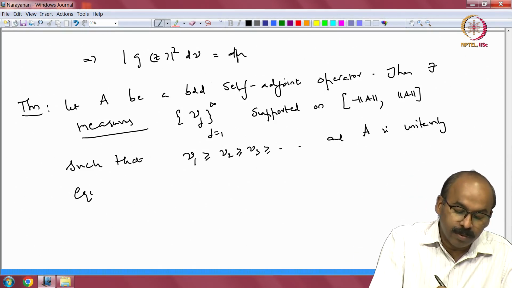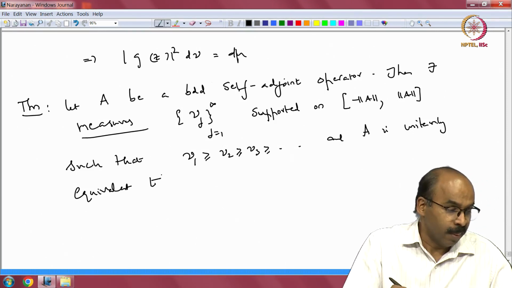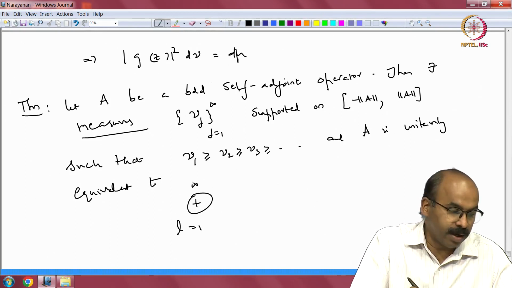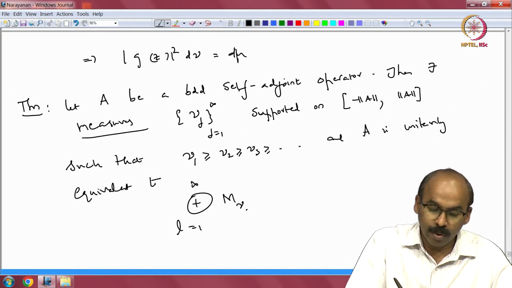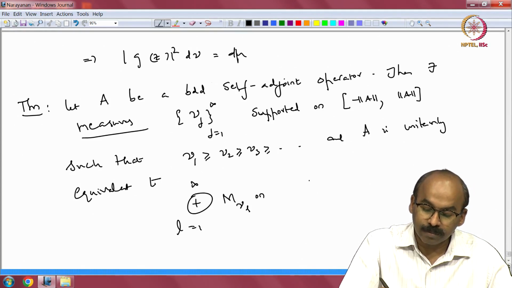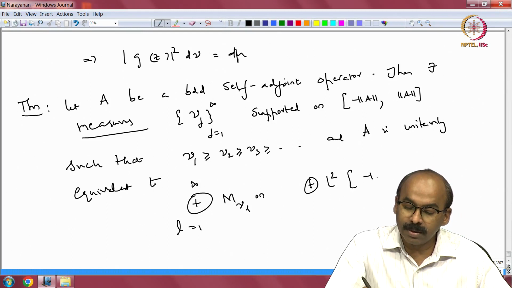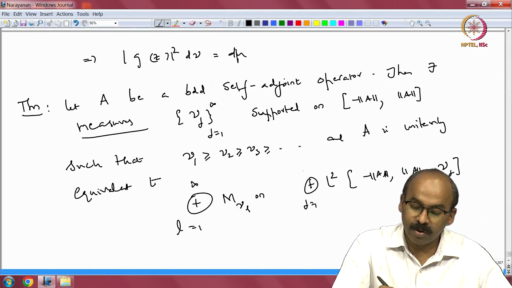unitarily equivalent to the direct sum over j equal to 1 to infinity of multiplication by x on the direct sum of L2 of minus norm A to norm A with respect to these measures nu j.